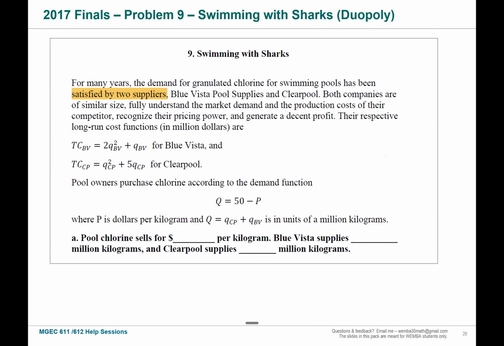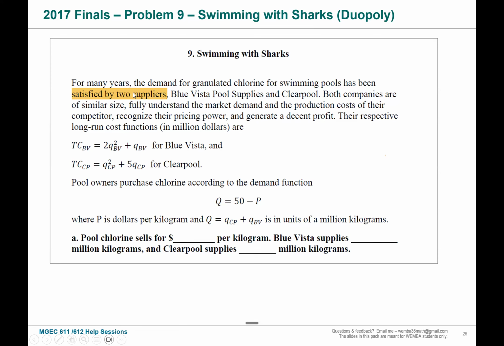Blue Vista sells this many. So the price is required. Pool chlorine sells for $1 per kilogram. Blue Vista supplies this many million kilograms, and Clearpool supplies this many million kilograms. Okay, so in this case, it's a duopoly. If you have to figure out what model they are talking about, where does it show?